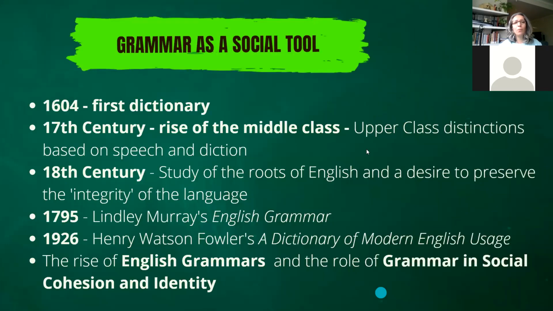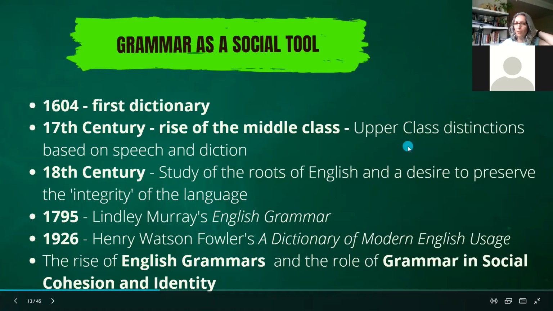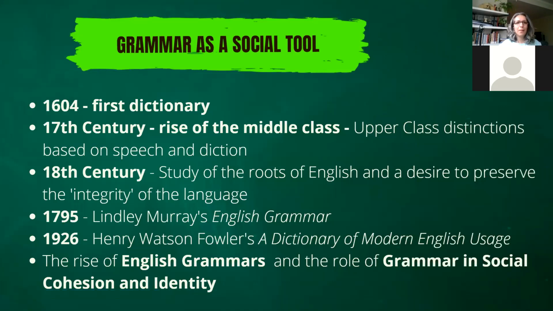So, the next thing that I want to talk about is grammar as a social tool. To look at the social or the historical aspect of grammar, we need to travel back to about the 17th century. Just to set up a point in time, the first dictionary, which contained something like 3,000 words, was printed in 1604.